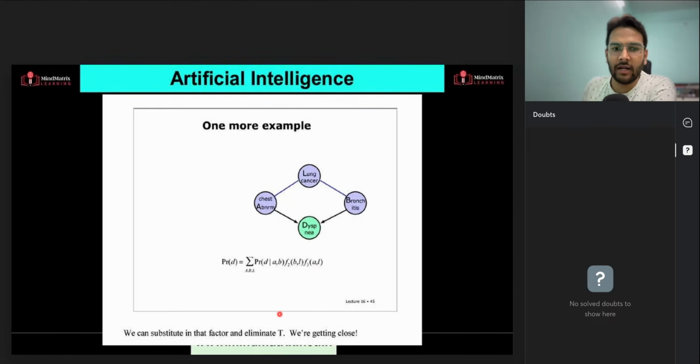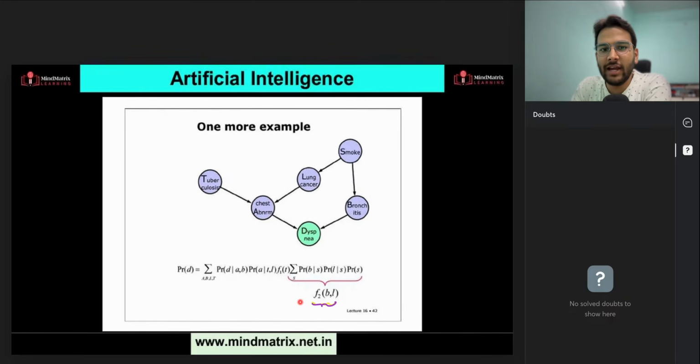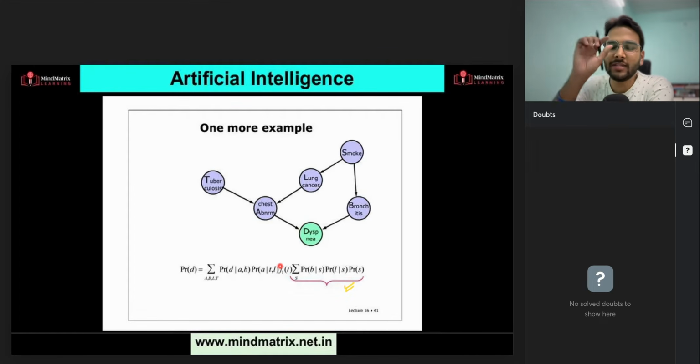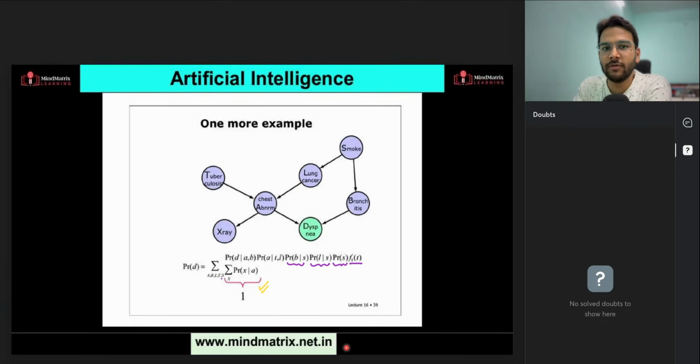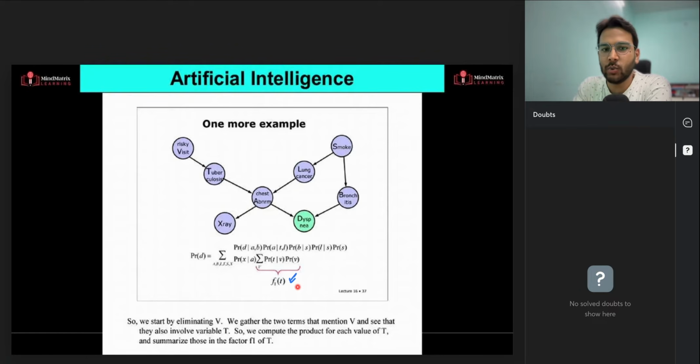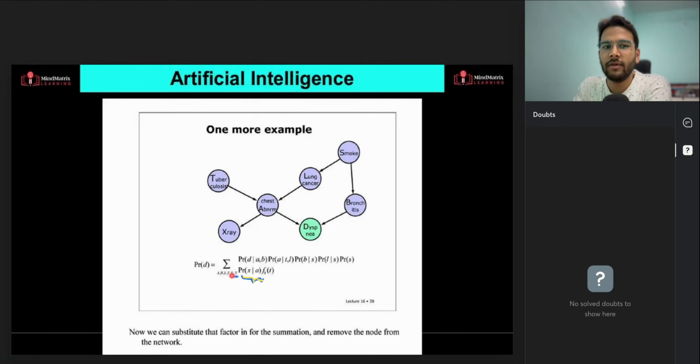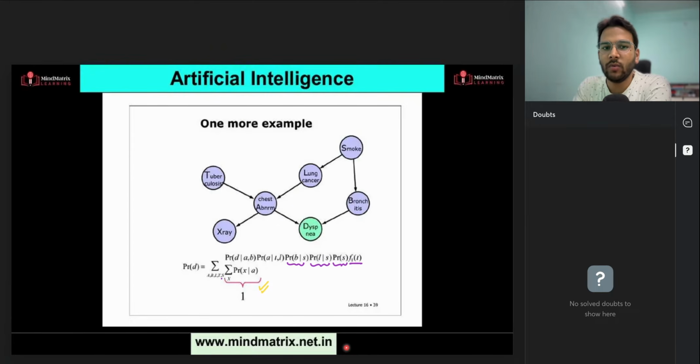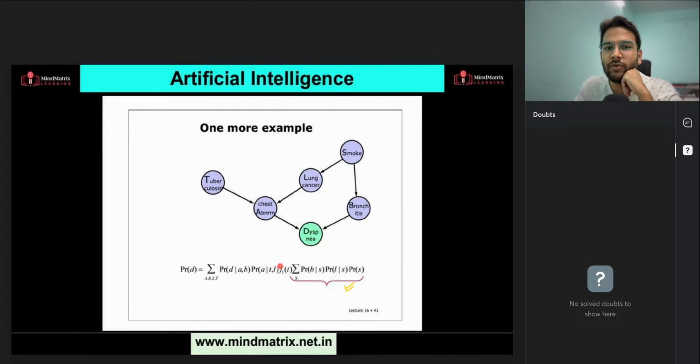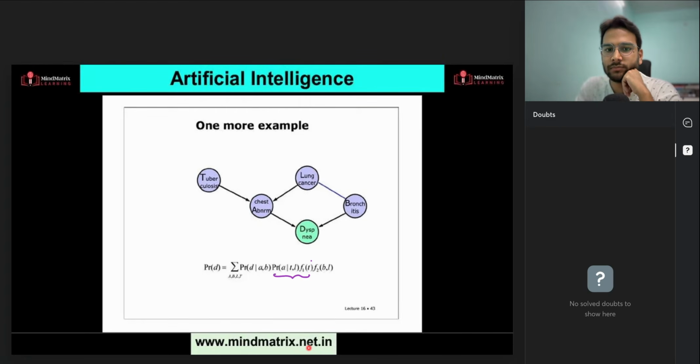So now I can write it like this. Can you see that in every slide, whenever we sum over any given variable, we are basically eliminating that variable from the Bayesian network? Initially v was gone, so now we don't have v in the Bayesian network. Then we summed over x, so x-ray is gone. Then we summed over s, that means smoke is gone.